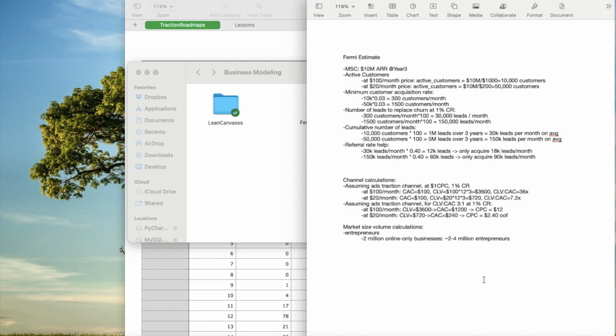If it doesn't work on paper, then we definitely shouldn't run it in the real world. And it's also good to do this step because let's suppose you skip the step, you operate the business for a few months, and then you realize that the volume of customers out there is simply not enough to make it worthwhile.